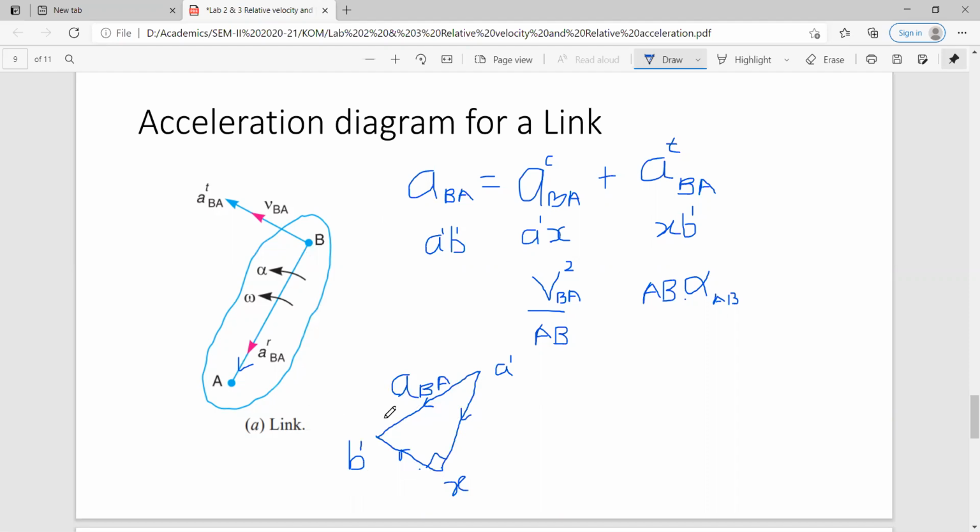So you need to remember all these things in order to solve the problems on acceleration. So you note it down and let us go for the next problem.